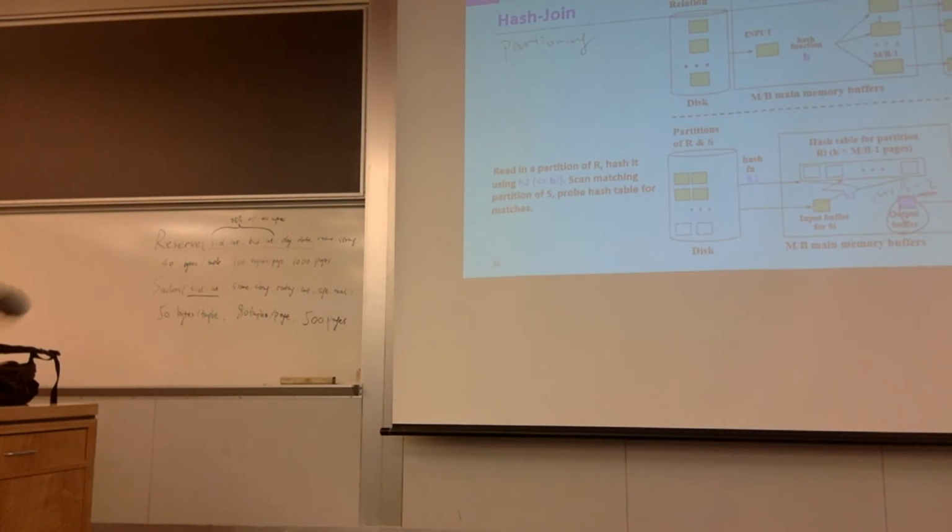Once you have a tuple, you probe for the tuples in the other relation that have the same key, using the in-memory hash table. If it does have some tuples with the same key, then you have some join results. And it's done. So that's the hash join.